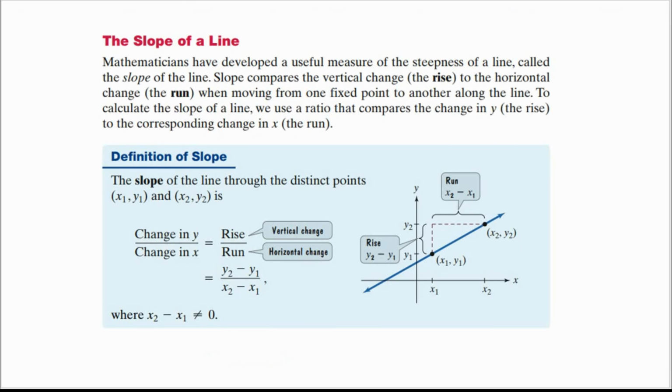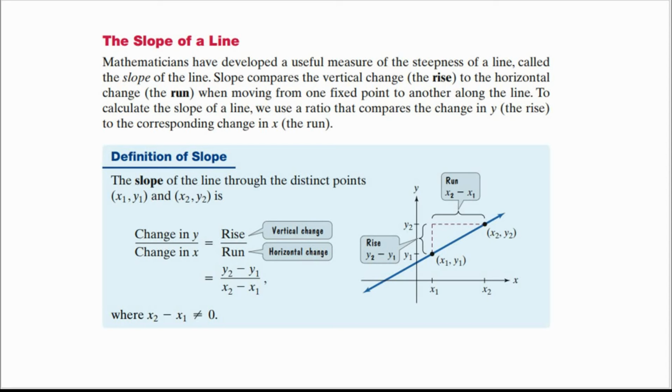So the slope of the line, we talk about the slope if I'm given 2 points. So if we are given 2 points, this first point is noted with the ordered pair x sub 1 and y sub 1, and then the second point x sub 2 and y sub 2. If I can find those 2 points, then is it possible from there to draw a straight line?